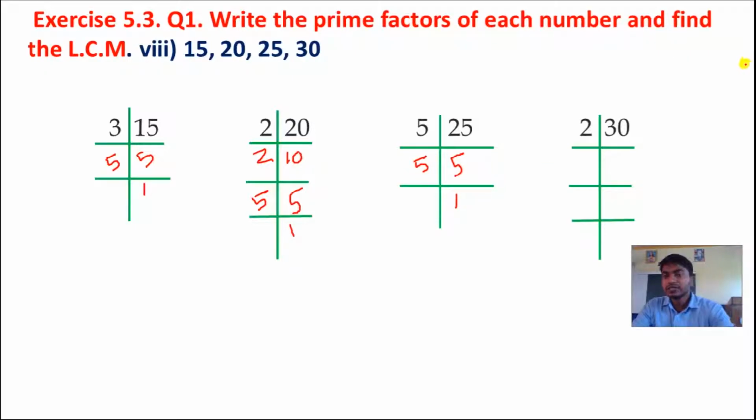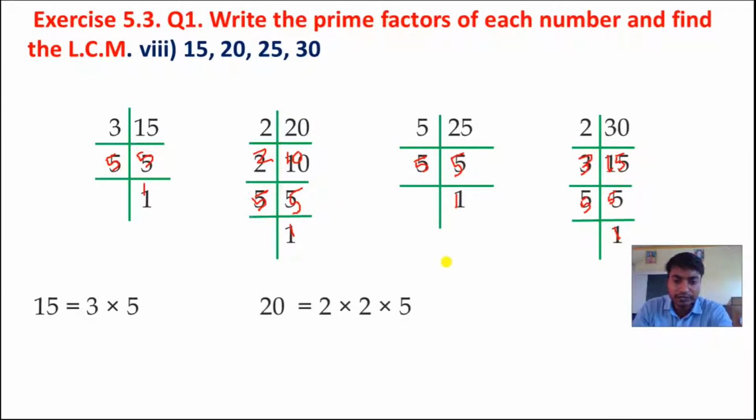For 30, we can divide by 2, 15 times. Now this we cannot divide by 2, so we will take the next prime number 3: 3 fives are 15. Now by 5: 5 ones are 5. This is the prime factorization of 15, 20, 25 and 30.